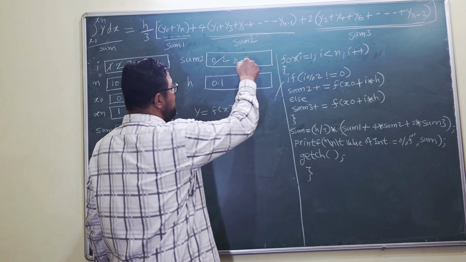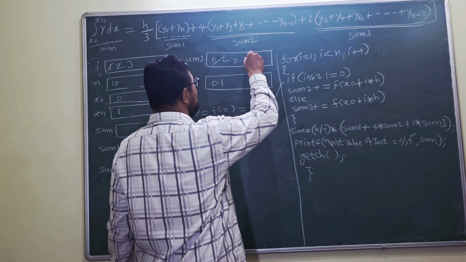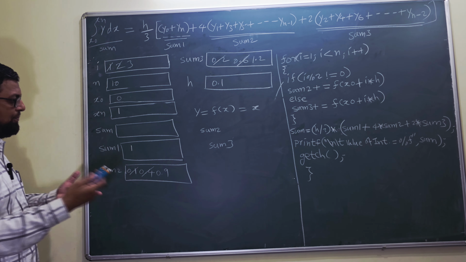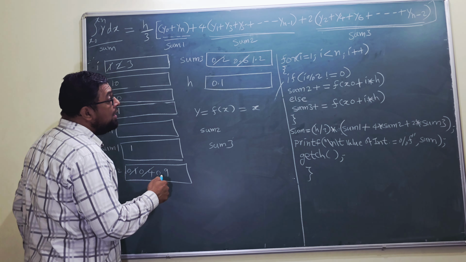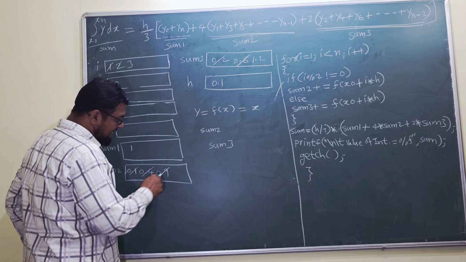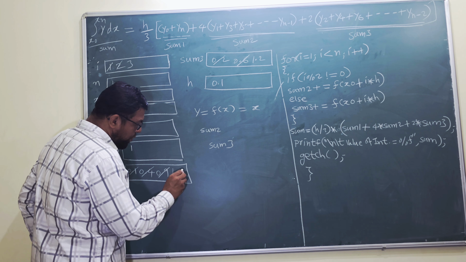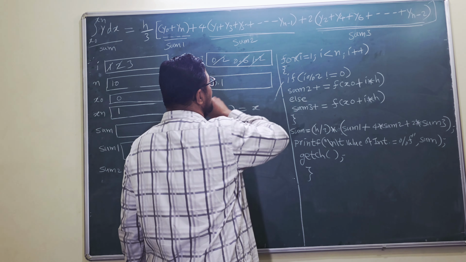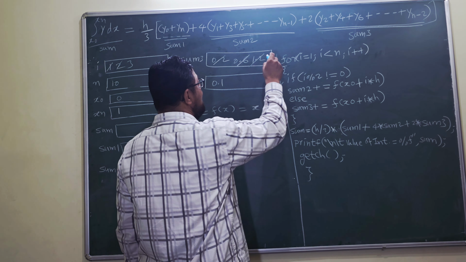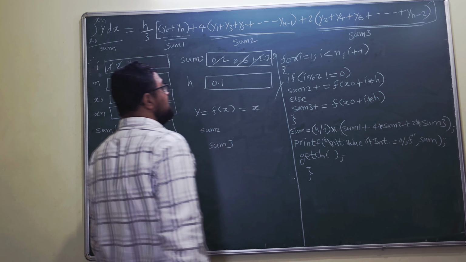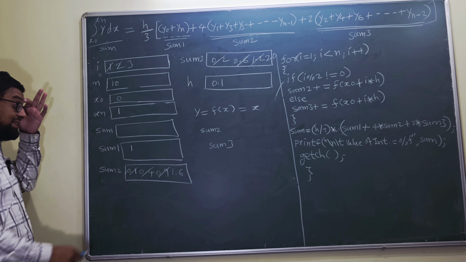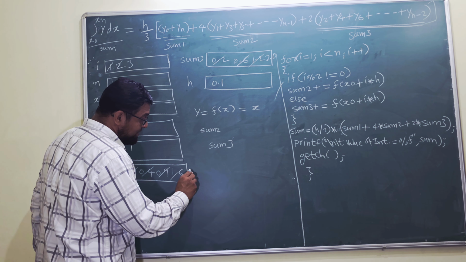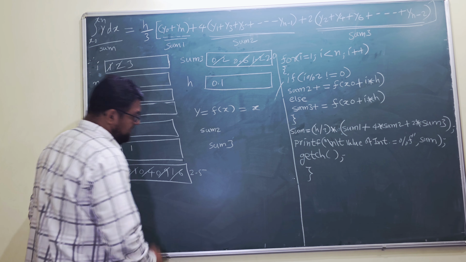Then 0.6 will be added, so it will become 1.2. Then 0.7 will be added, so it will become 1.6. In the next step, 0.8 will be added, so it will become 2.0. And in the next step, 0.9 will be added, so it will become 2.5.